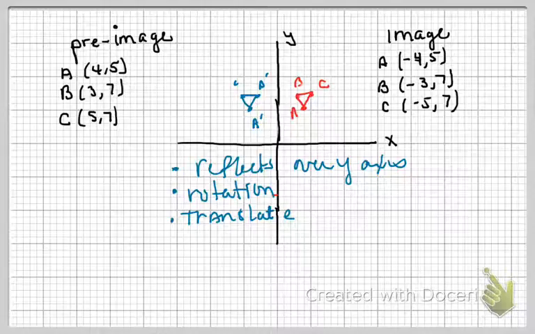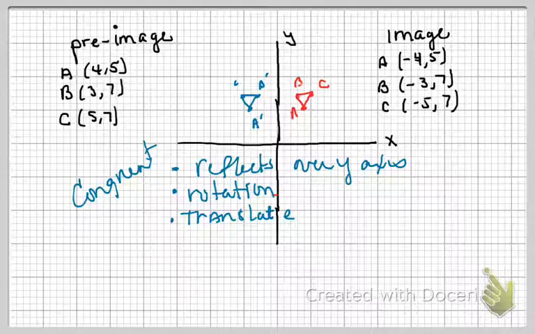Rotation, reflection, and translate are still congruent with the original, so otherwise same size, same shape. The only one that isn't congruent, it's just similar, is dilation, because it changes in size.